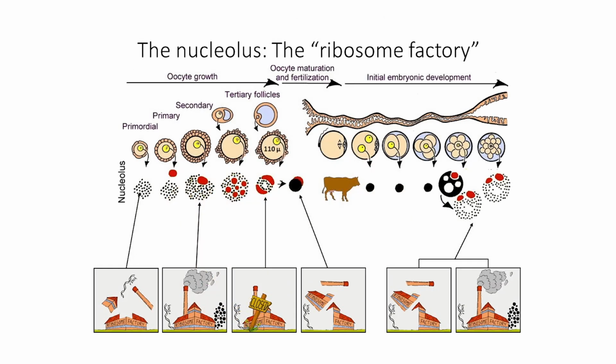If we look carefully at the structure of the nucleolus, we can elaborate the cycle of nucleolus activation, transcription, and quiescence as it occurs during oocyte growth and embryo development. We will detail these changes as we sequentially address the stages of oocyte and embryo development.